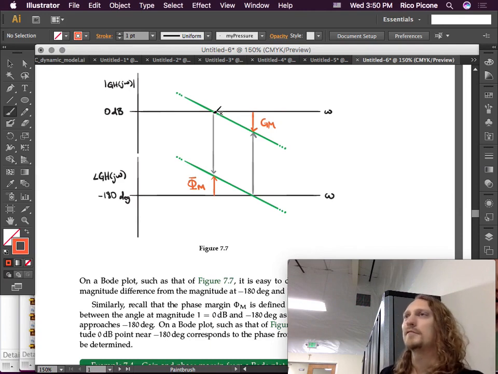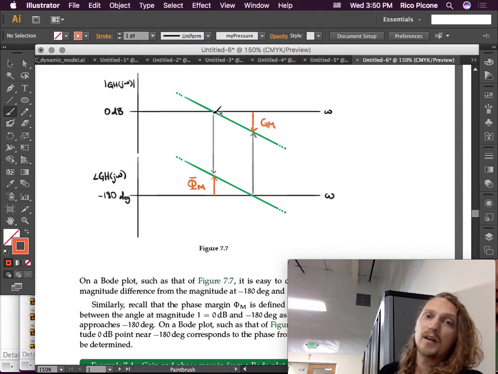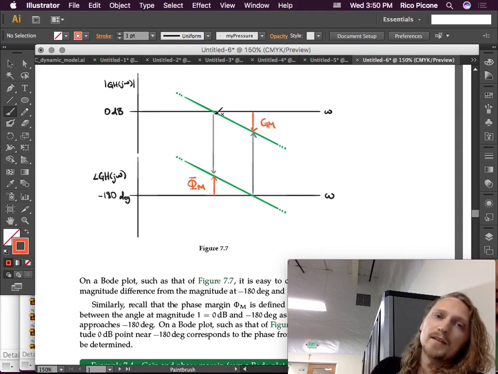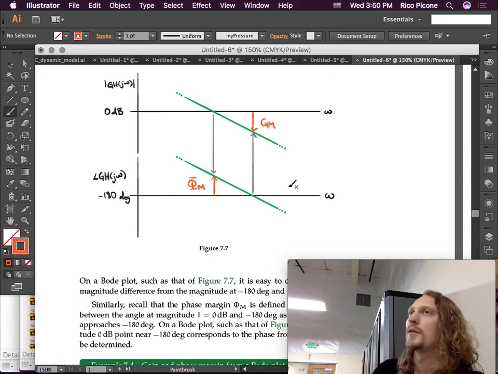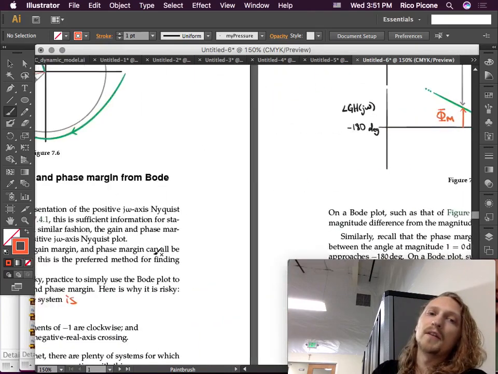Yeah. 0 dB is just magnitude ratio of 1. So magnitude 1 is there, and then at negative 180 degrees is also the region that we care about as well. So we care about magnitude 1 and negative 180 degrees.